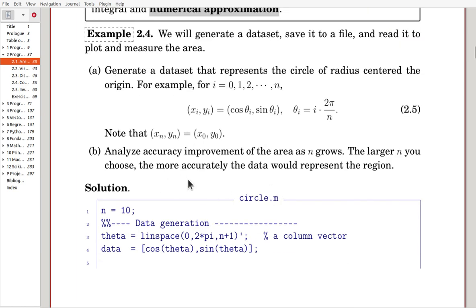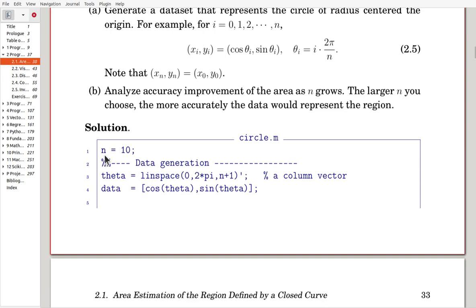Okay, and we'll try to analyze the accuracy improvement of the area as n grows. The larger n you choose, the more accurately the polygon would represent the region. Here we have a program. We start with n equal 10, so 10 subintervals, and we make theta.